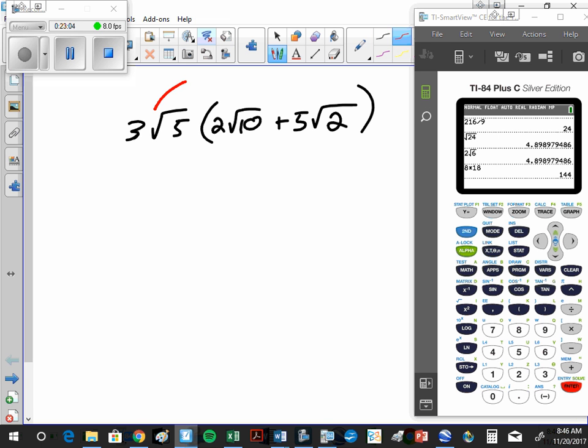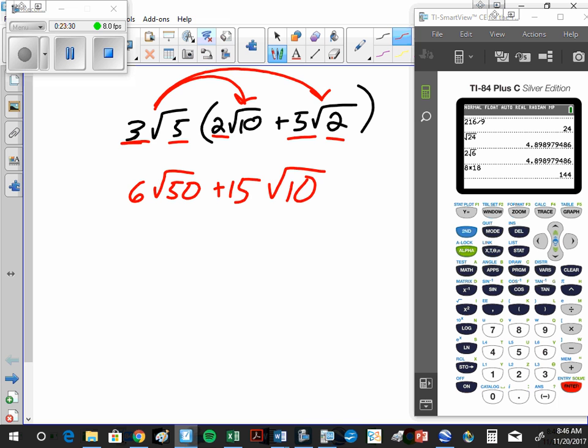I need to take this and multiply it in there, and then I need to multiply it in there. What happens when I multiply 3 root 5 times 2 root 10? Well, I do outside times outside, which is 6, and inside times inside, which is 50. For the next one, outside times outside is 15. Inside times inside is 10.